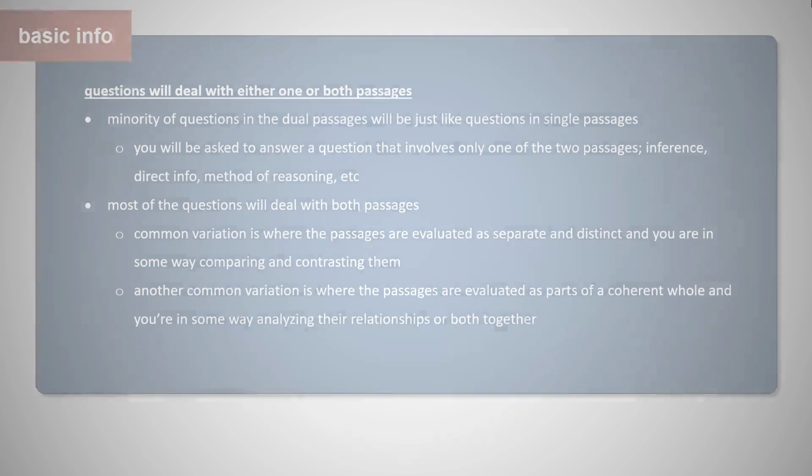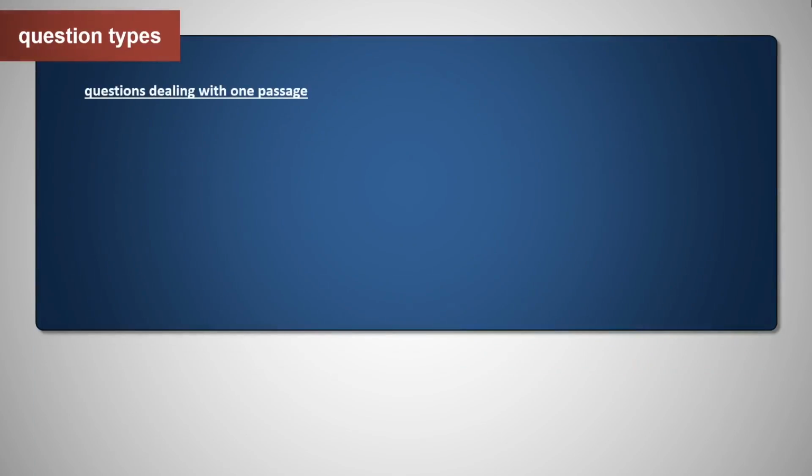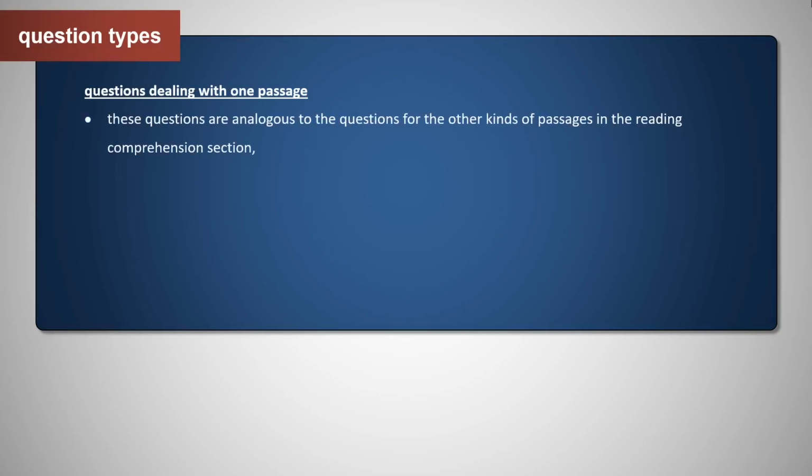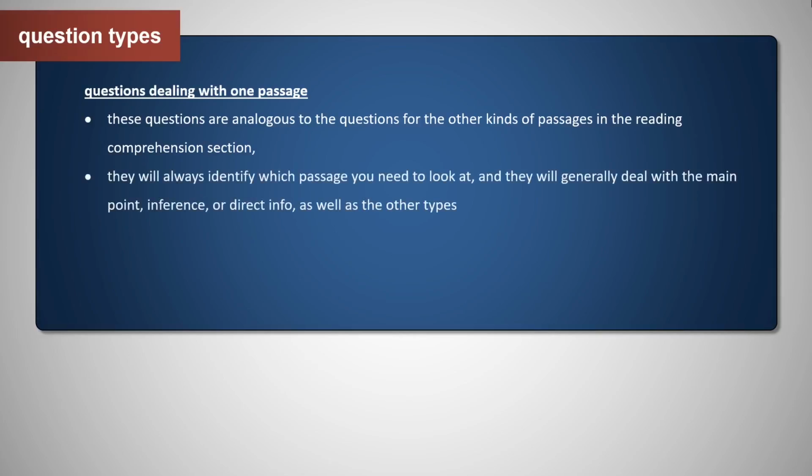So, with respect to the questions dealing with one passage, these questions are analogous to questions for the other kinds of passages in the reading comprehension section, and they will always identify which passage you need to look at. They will generally deal with the main point, inference, or direct information, as well as other types.